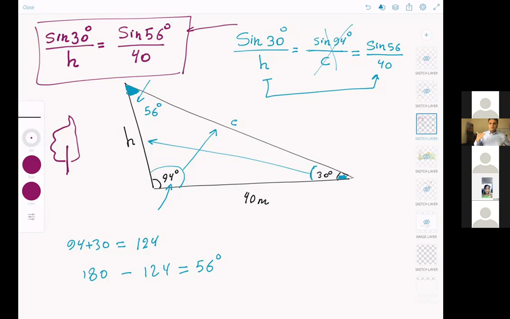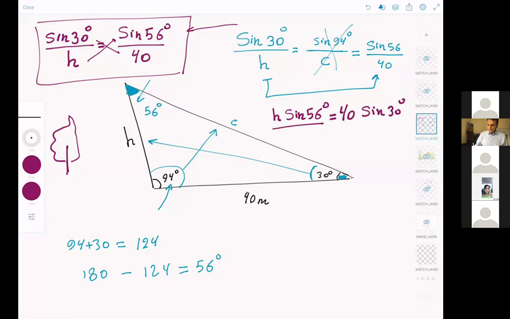Before you use the calculator, you need to have h on one side. So if I cross multiply, I'm going to get h sine of 56 degrees equal to 40 sine of 30 degrees.